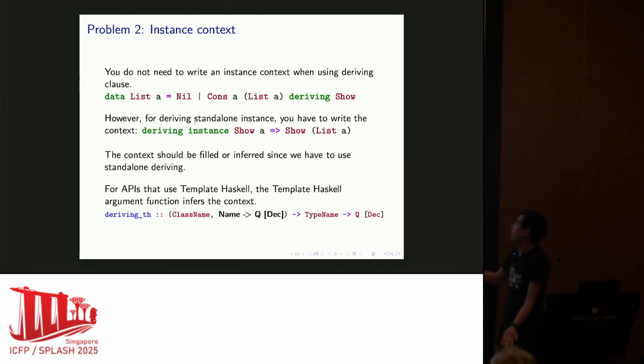But for the APIs with Template Haskell, the callback function will infer the instance context. So that's the reason why we do not have the context generator parameter with this Template Haskell API.